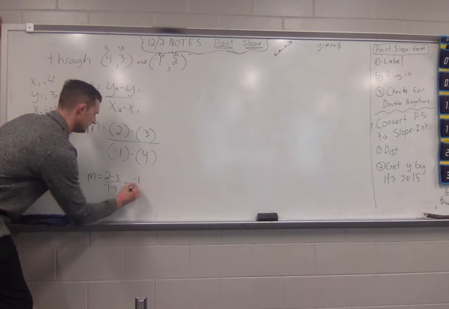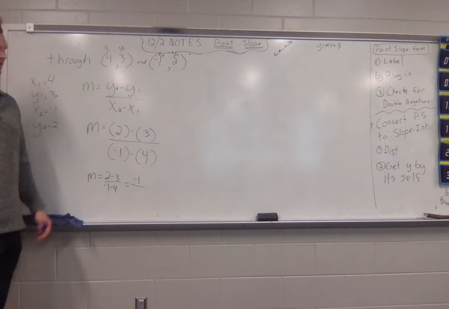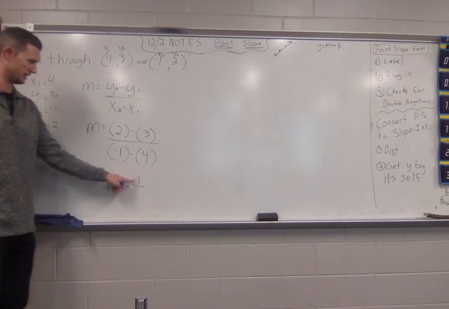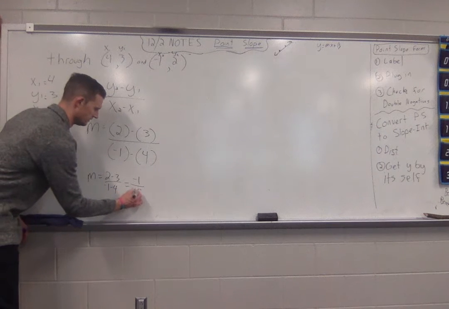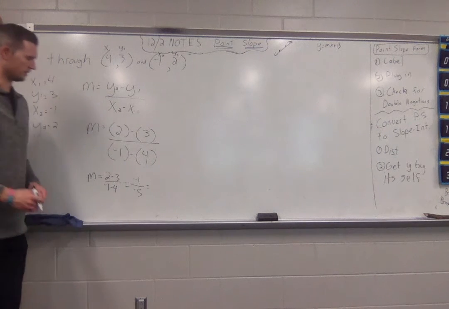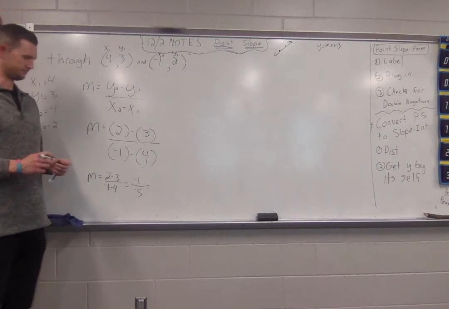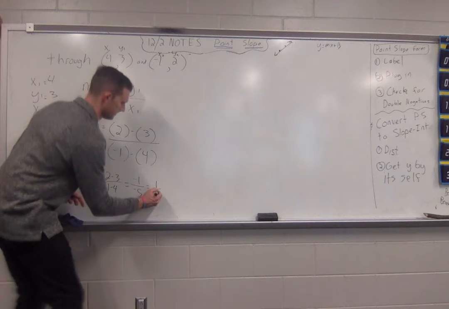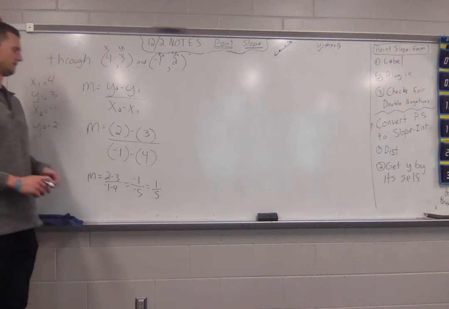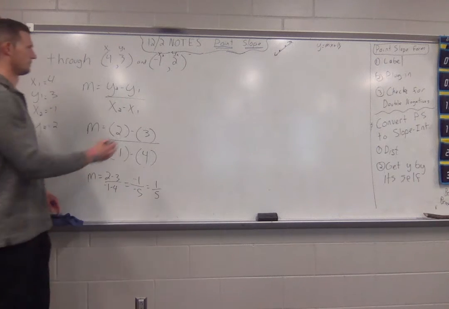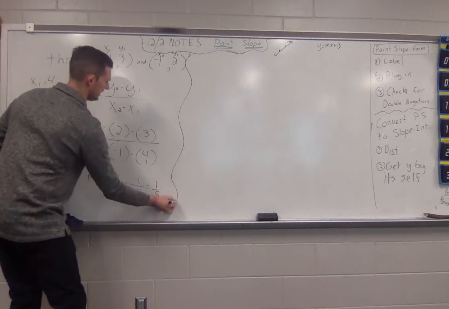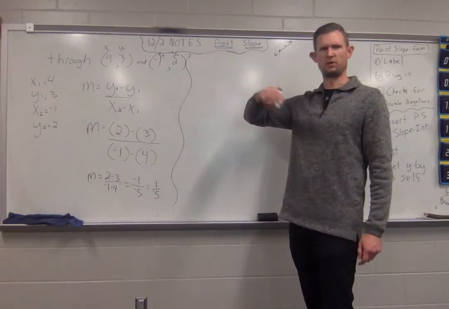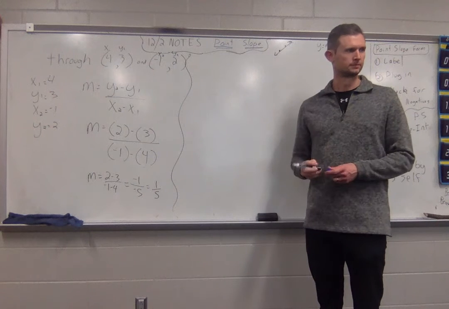Make sure you're thinking in terms of money you're losing or gaining. If you have $2 and you're at the casino and you lose $3, you are down $1. And then this would be -5. Now, can I reduce -1 divided by -5? 1/5. Has to be positive. Anytime I get a double negative, I can't change the numbers, but I have to change that. So now I have everything I need for point slope. Okay, I have my slope. Which point should I use? Steven?